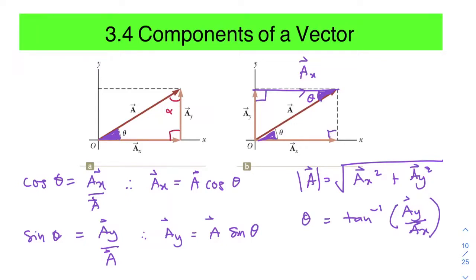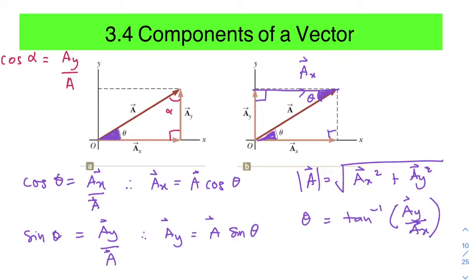So if you are using cos alpha, how is the formula? Cos alpha is adjacent, which is AY, over hypotenuse. So if you see here, by using cos function, you will get information of AY. So it's not a must that to get x component, you have to use cos function. No, it depends on which angle you are using or referring to.